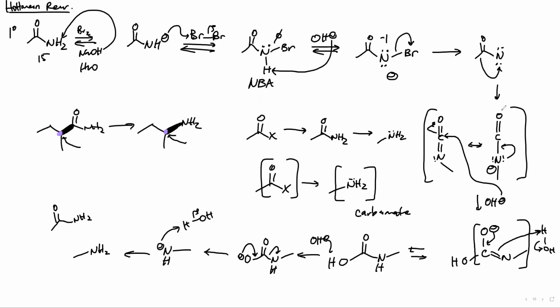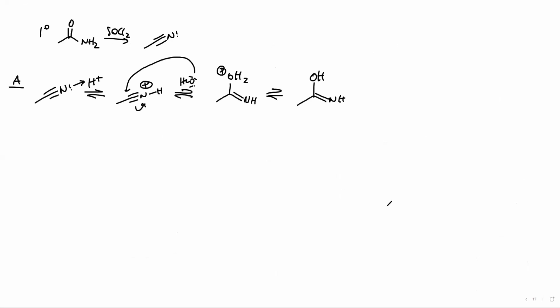Let me go back here. Do you guys recognize something very, very similar to that group on this page? Maybe pause and try to look for it. It should remind you of this down here. Remember how I mentioned that this was synonymous to O- with a pi bond? Well, if I look here, this is just OH with a pi bond, which is an enol. And what do enols do? They tautomerize.